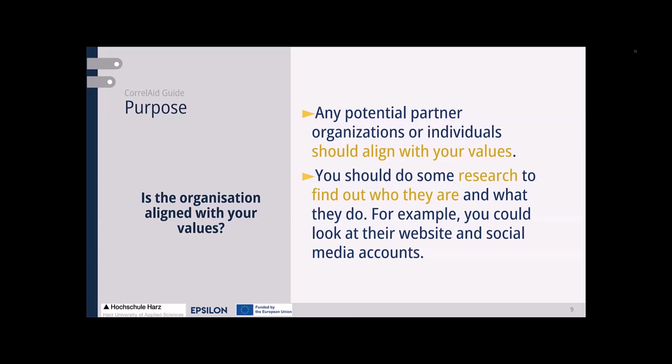Therefore, be aware to critically scrutinize the individual values of your partner. This is linked with some research you should do beforehand in order to find out what your partner is doing. This can be done by checking their homepage or social media accounts, or by some initial interviews with the partner itself.